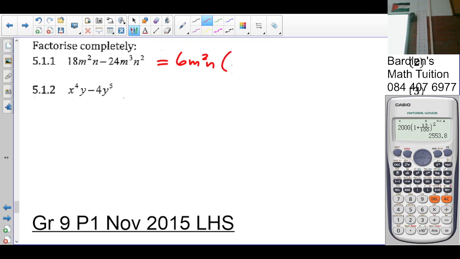So what are we left with? 6m squared n times what is 18m squared n? 3 minus 4mn. And we can test if we are right. 6m squared n times 3 is 18m squared n. 6m squared n times negative 4mn is 24m cubed n squared. Okay? Jessica?